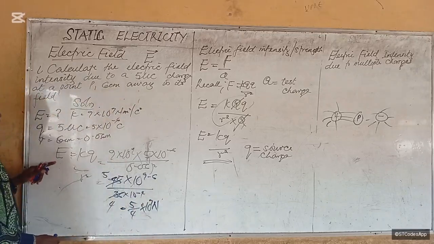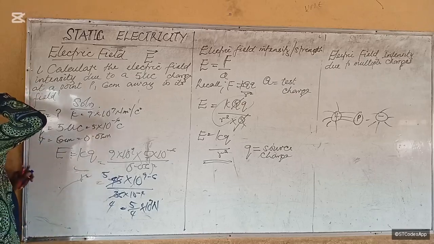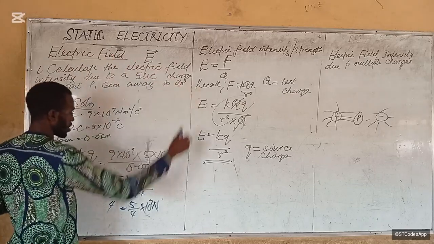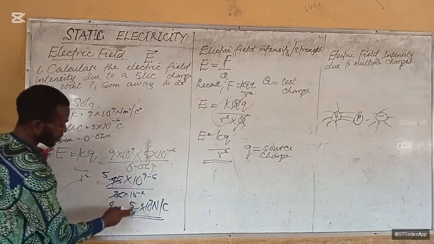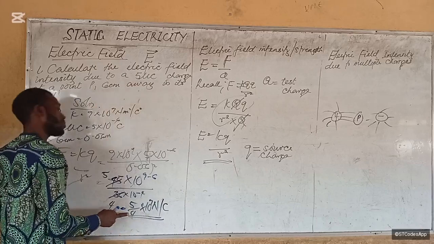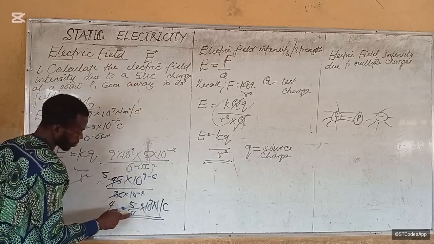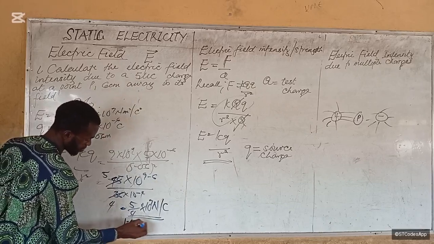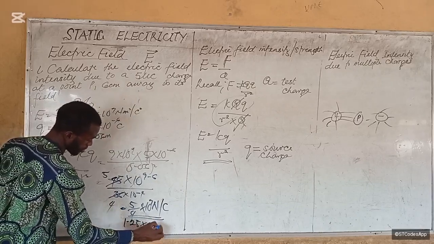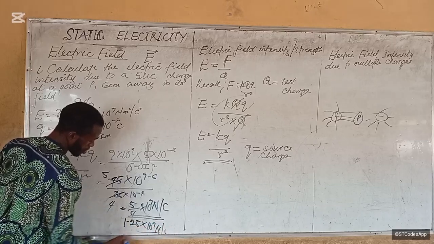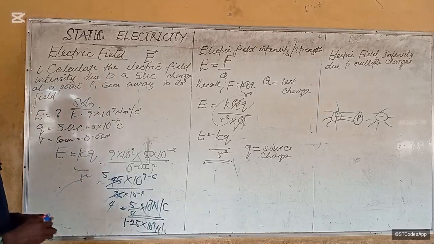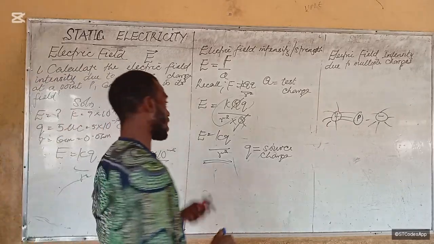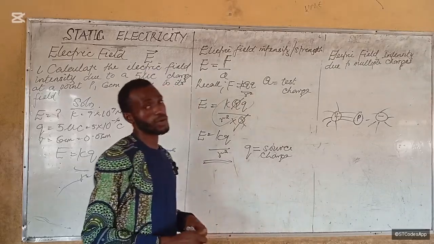Now what's the unit of electric field? Remember that it is F per Q, that will be Newton per Coulomb. So that's the SI unit. Let's convert this to decimal. That will be 1.25 times 10 to the power 7 Newton per Coulomb. Alright, so that will be the magnitude of electric field intensity at that point 6 centimeters away.